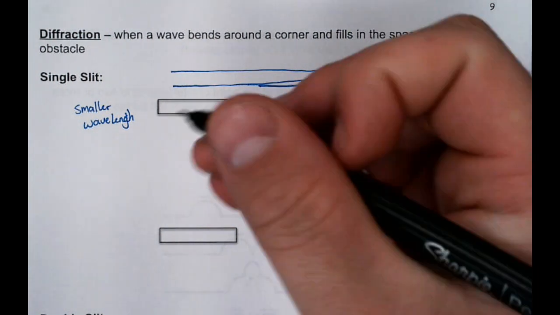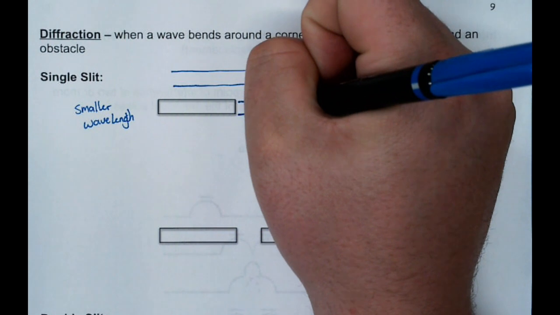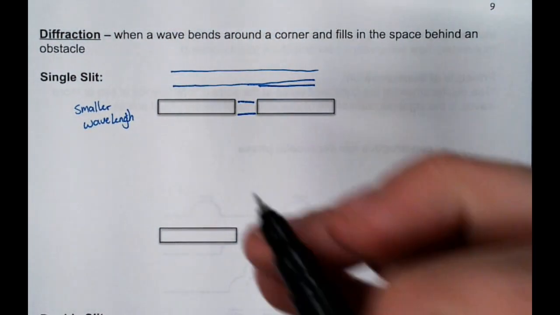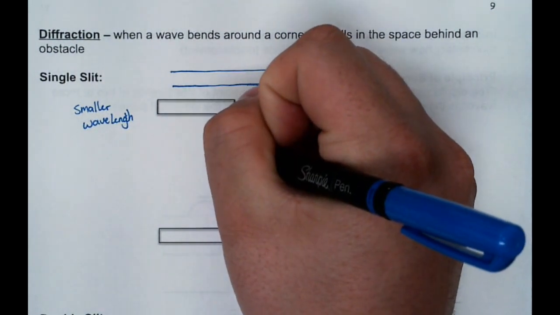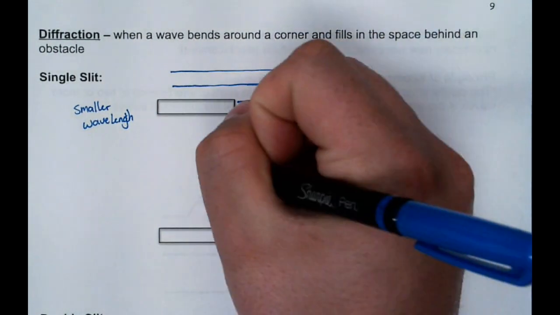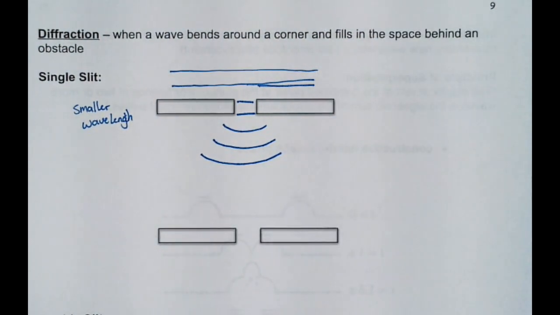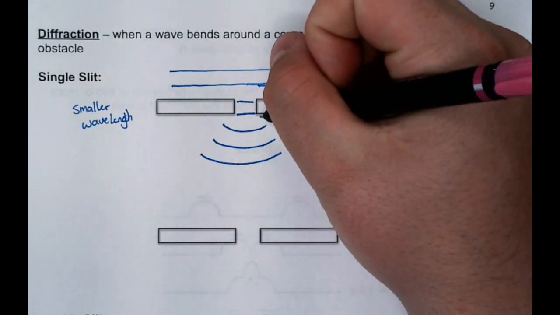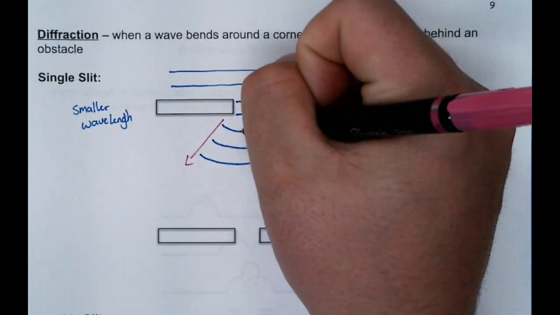In other words, it starts to squeeze through this little slit, and then it bends around to start filling the spot in these directions. If we have something with a larger wavelength, we're going to see something similar but a little different.